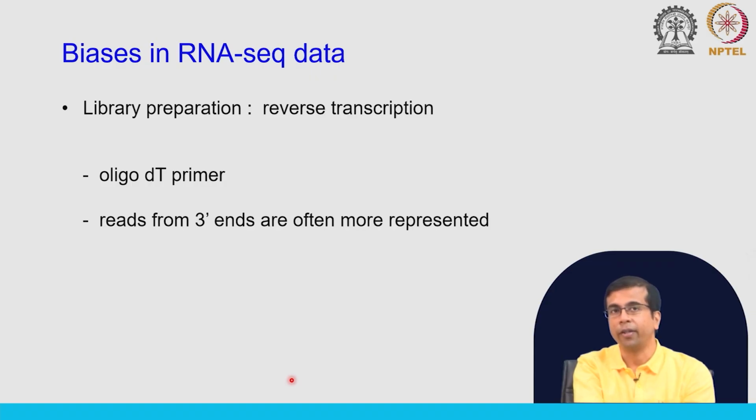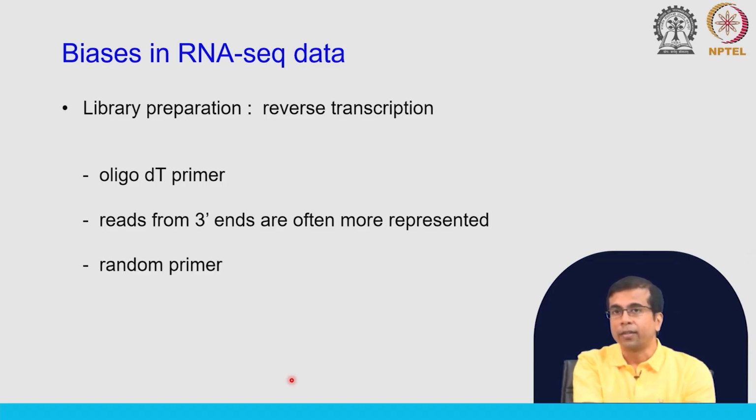When you use this kind of oligo-dT primer, you will see only certain parts from the 3' end of the RNA amplified, and you will see a lot of over-representation of the 3' end of the RNA molecules. So, you will see more reads there, and fewer reads from the 5' end. This can happen, and again we have talked about this. This means we have non-uniform coverage across the transcript.